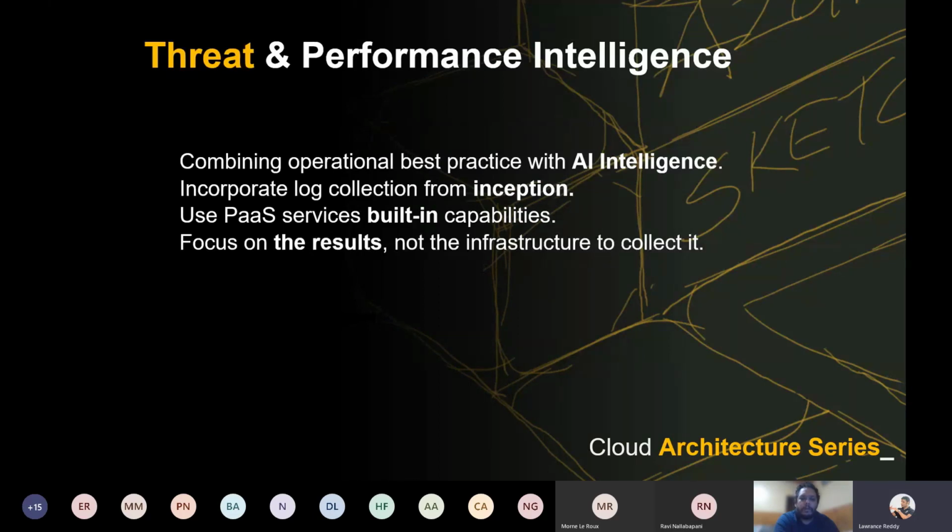So basically, once your services are operationally running, you want to be able to manage threats and performance with intelligence. That's really what it means. You want to do log collection from inception, use PaaS services. The key for threat and performance intelligence is really don't focus on the infrastructure to collect it.